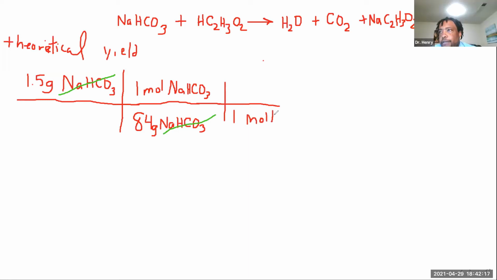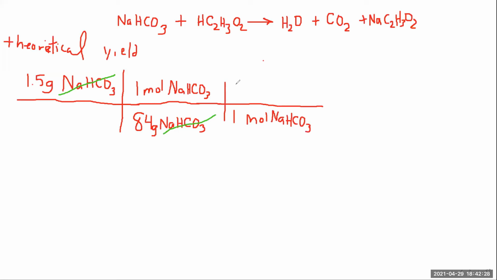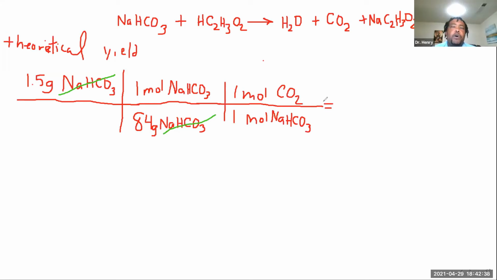So we go 1 mole of our sodium bicarbonate to 1 mole of carbon dioxide. Okay, and so that gives me my moles of carbon dioxide. I could calculate grams if I really wanted to, but moles is fine because I want quantity.